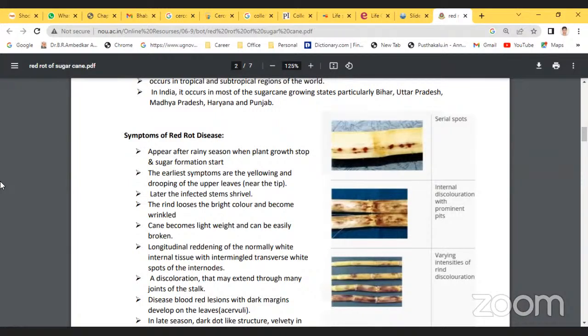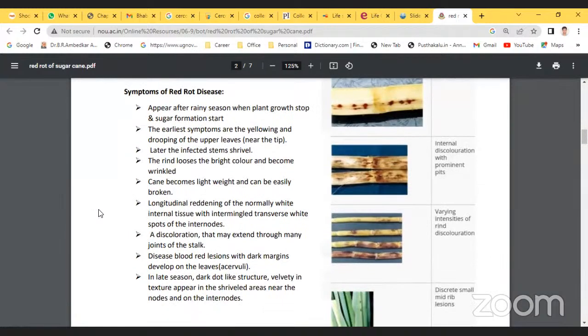Once the vegetative growth is stopped, then sugar formation starts. In this, the symptoms are yellowing and drooping of the upper leaves near the tip. Later, in the infected stems the rind loses its bright color and becomes wrinkled. The sugarcane becomes lightweight and can be easily broken.